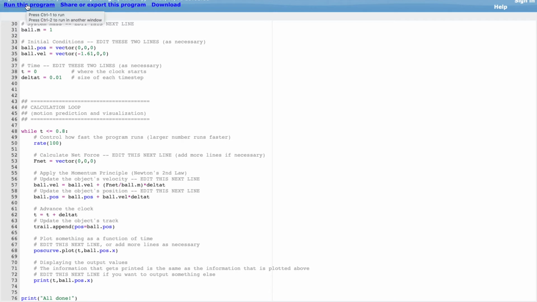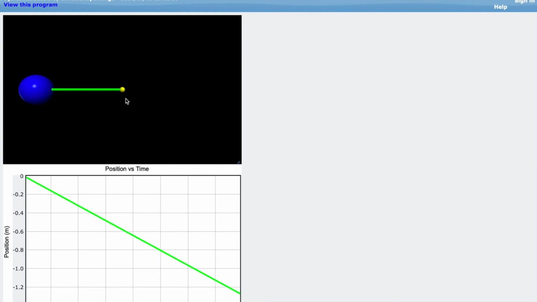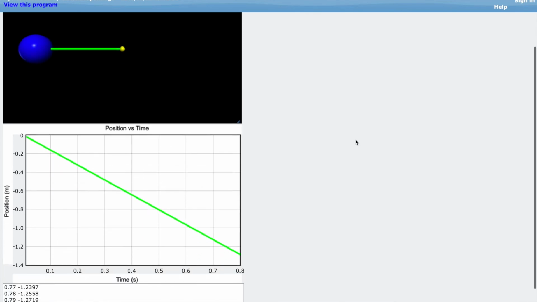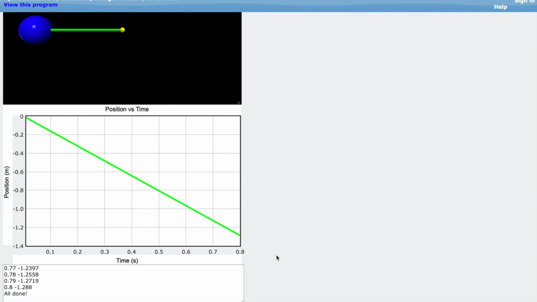But to show the model program right here, as you can see, the blue ball moves left, negatively, similar to the real-time motion in the experiment, and as we can see in the position versus time graph, it is very similar, except this time it is completely straight, which I will show a comparison of in just a second after explaining the code I changed.